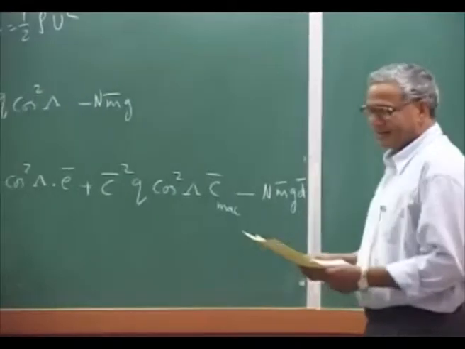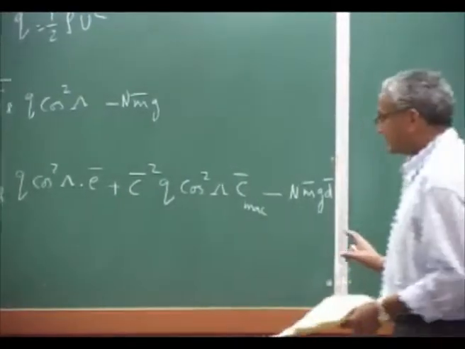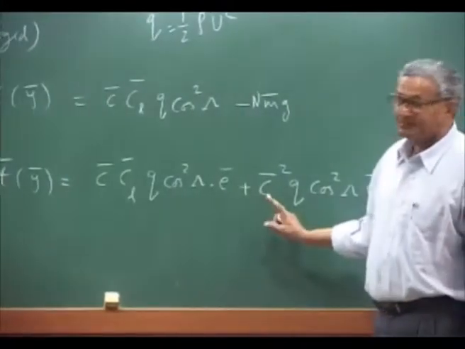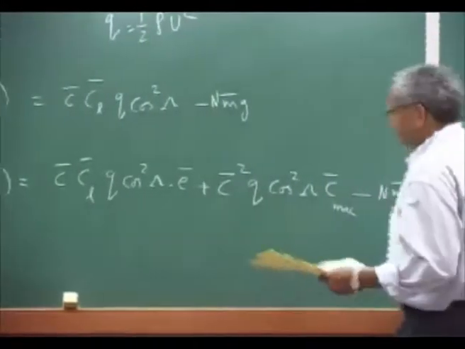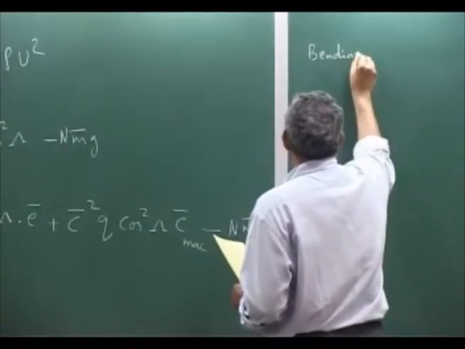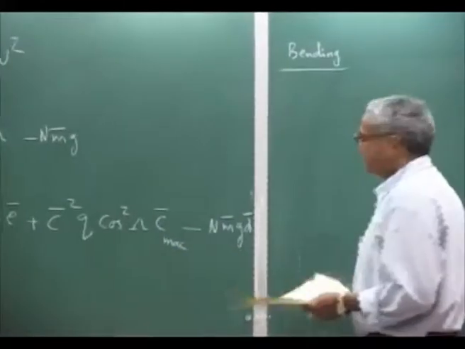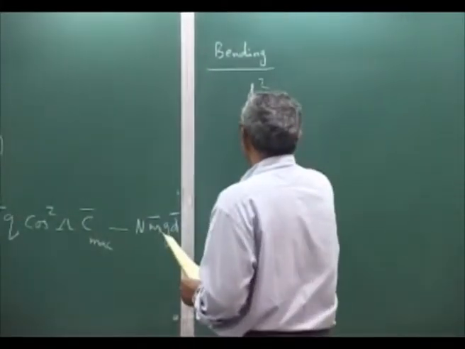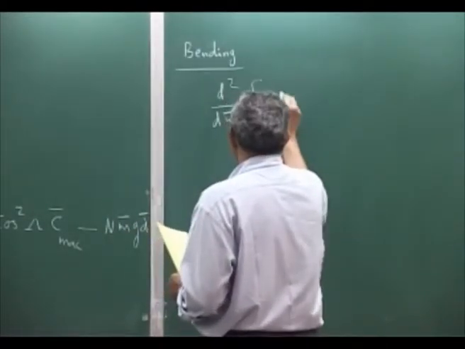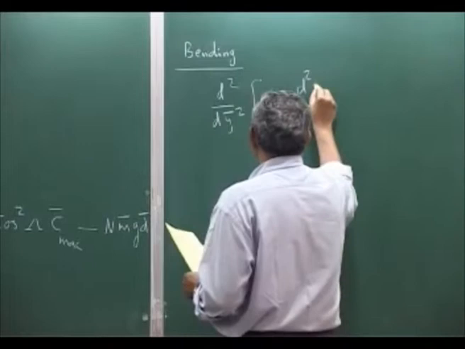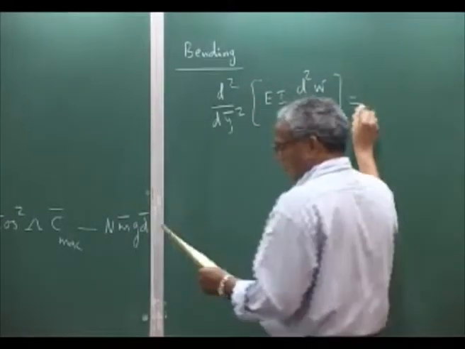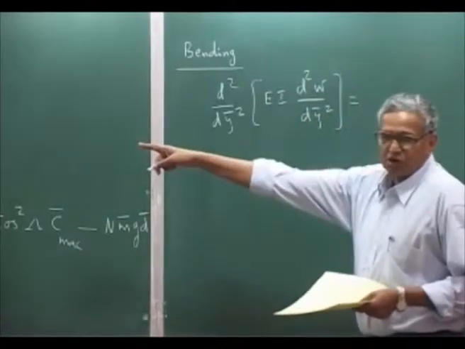Now you can go and write, but please understand all this. All are along chordwise direction. Okay. Now your bending equation is essentially d squared by d y bar squared of EI d squared w by d y bar squared equals your distributed load.